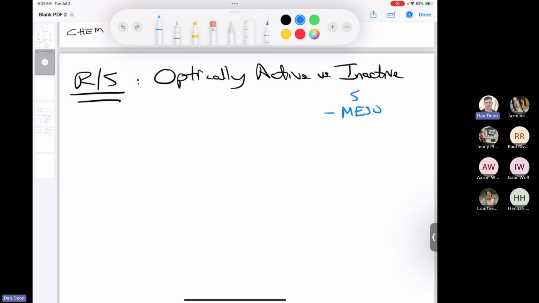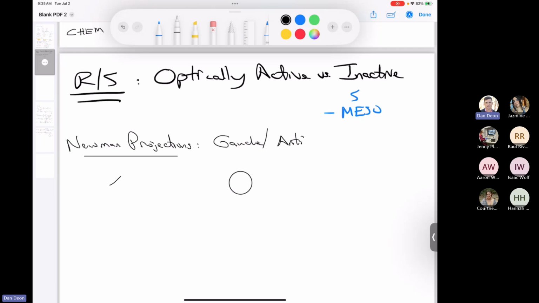Another thing that you want to be aware of would be Newman projections, and make sure you understand things like gauche interactions and anti. Let's say you had a molecule like butane, carbons 1, 2, 3, 4.